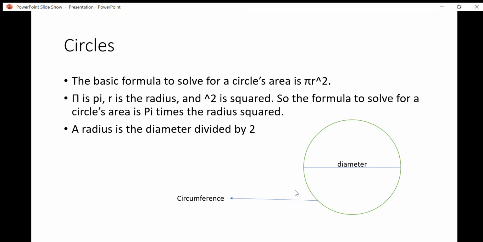As you can see over here, this is the circumference of the circle. The green line is the circumference, and this means squared. So the formula to solve for a circle's area is pi times the radius of the circle squared. A radius is the diameter divided by 2.